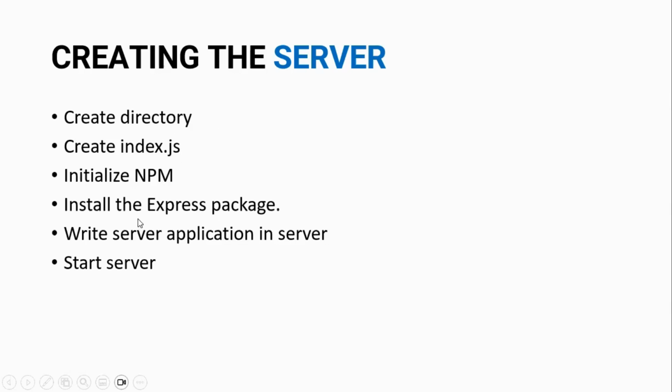Then we'll be able to use the Express package to write the application using JavaScript inside our index.js. And finally, we can start our server and see what happens when we try to send a request to our server. Let's go through these steps together, step by step, and create our first Express server.